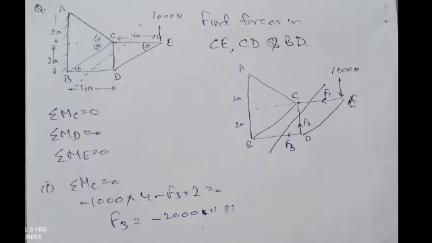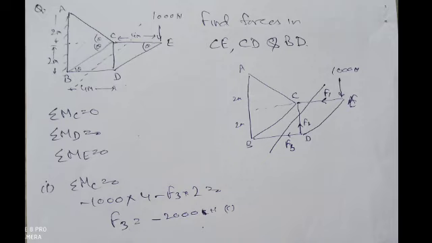We will just make the section line and take the right hand side of the section line. Then we will assume the forces in the members in which we have to calculate the forces. So assume force FCE in member CE, FCD in member CD and FBD in member BD, or we have assumed here F1, F2 and F3.